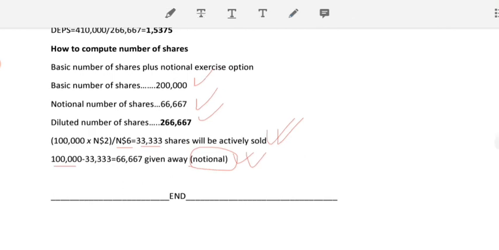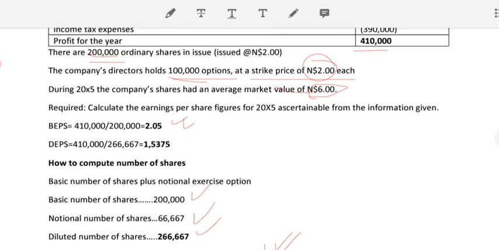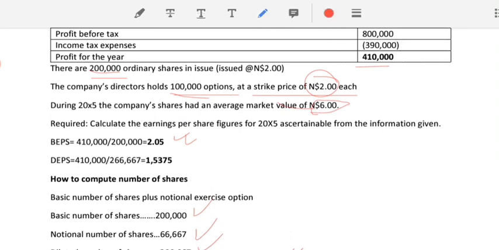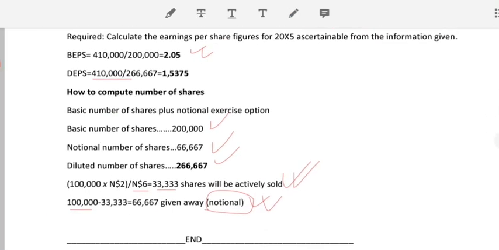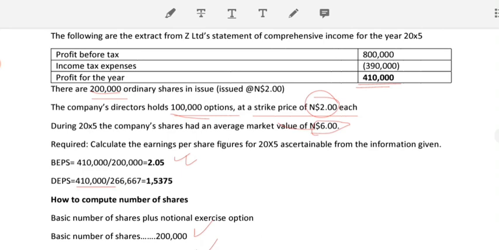That's it. And then we'll say the profit for the year, this profit after tax, divided by the diluted number of shares we calculated here. We will get this amount as the diluted earnings per share.